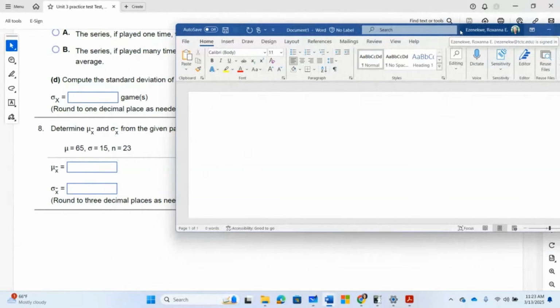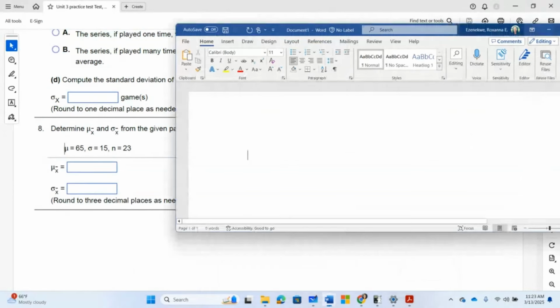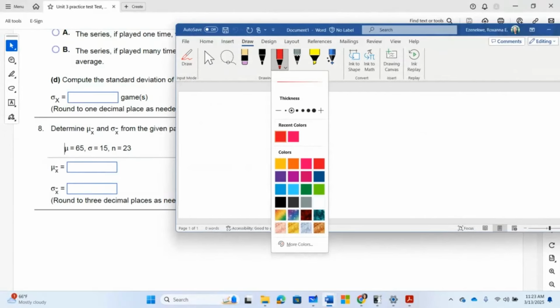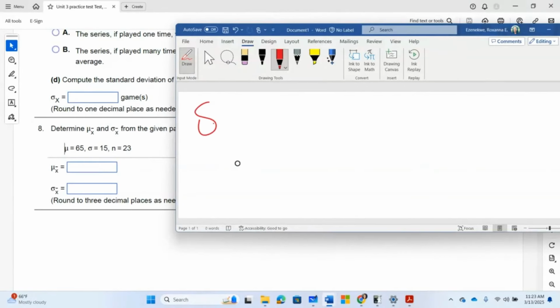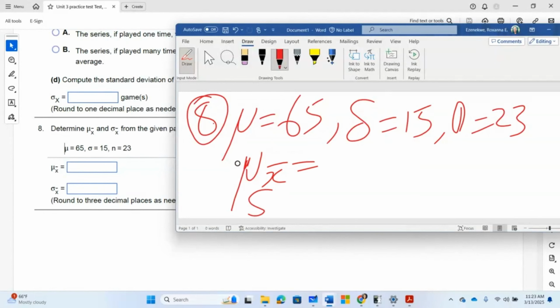In number 8, we are given that the mean of the population is 65, the standard deviation is 15, and the sample size is 23, and we are told to find mu x bar, and we are also told to find the standard error.